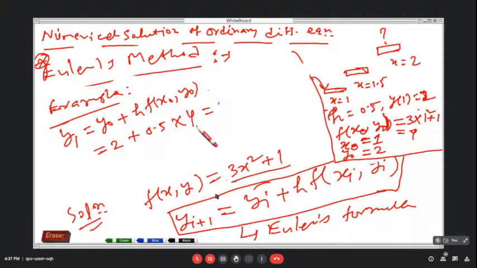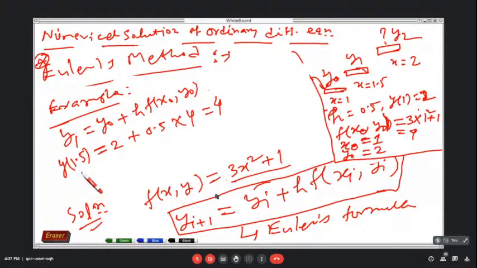So this is 4. So this is y1, that means y at x is 1.5, right. This is y0, which we did not calculate because it is given.